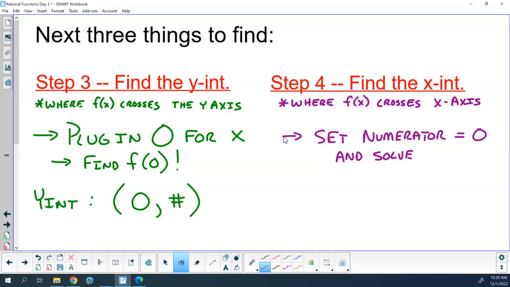How many x-intercepts can we have? Just one? Multiple? What does it depend on?